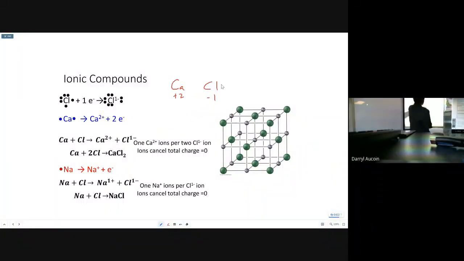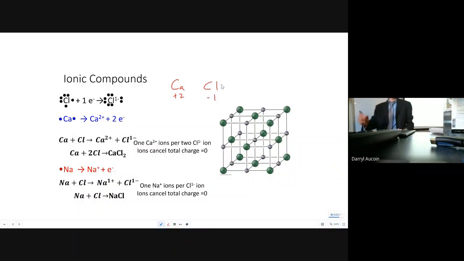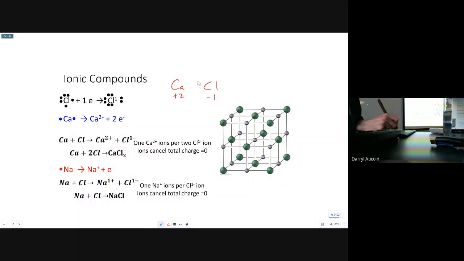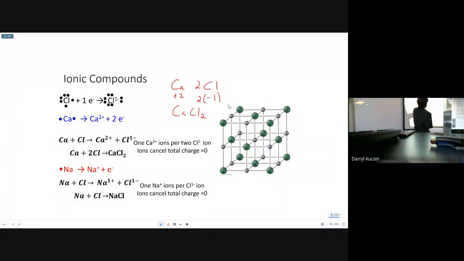So if we want to cancel out all the pluses with all the minuses, we're going to need 2 Cls so that it becomes 2 times -1. So that would be Ca and then Cl, and we'll put the little 2 there because now there's 2 -1s interacting with 1 +2. So that would work.